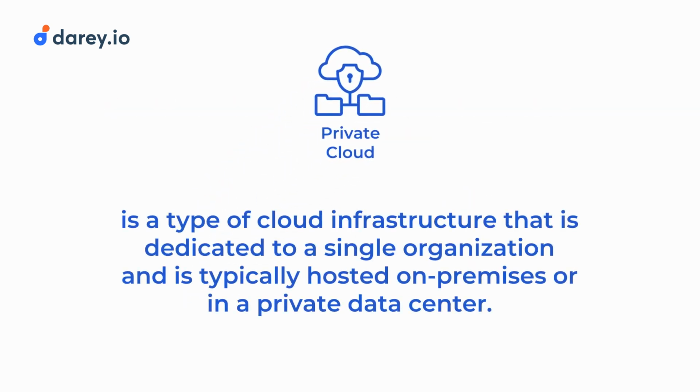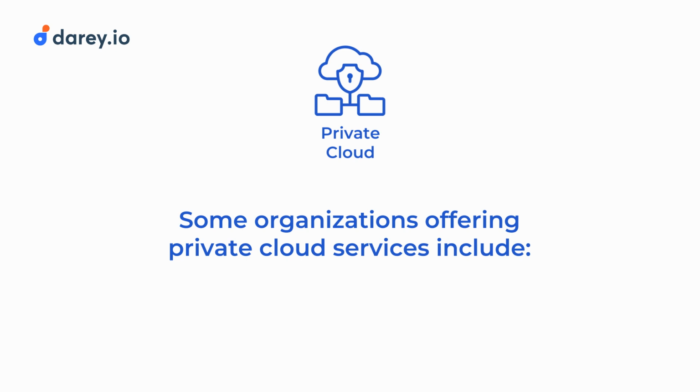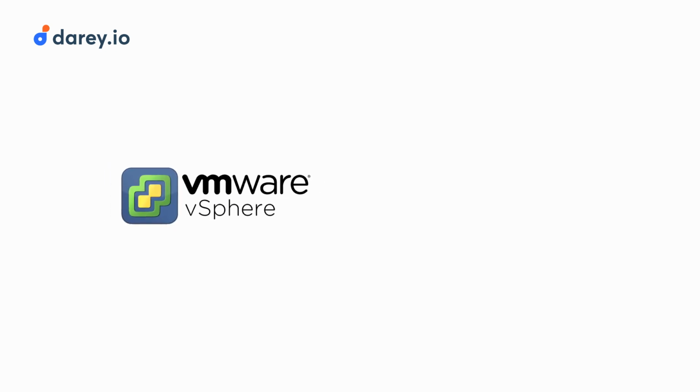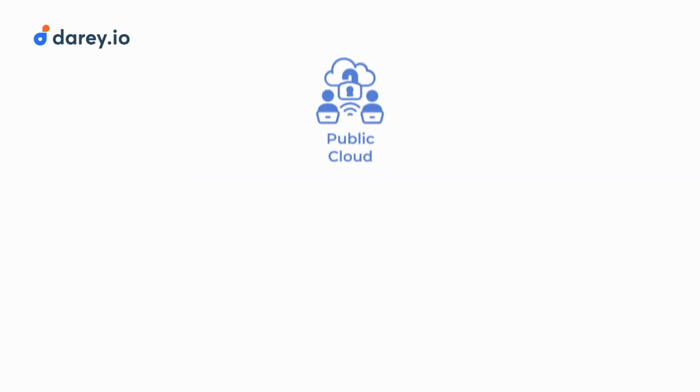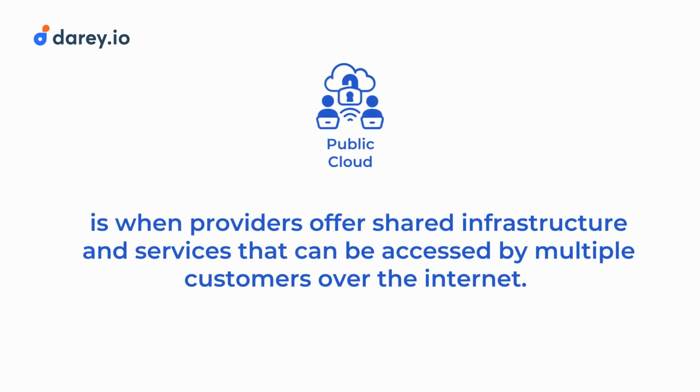Private cloud is a type of cloud infrastructure that is dedicated to a single organization and is typically hosted on-premises or in a private data center. Some organizations offering private cloud services include VMware vSphere and OpenStack. Public cloud, on the other hand, is when providers offer shared infrastructure and services that can be accessed by multiple customers over the internet.